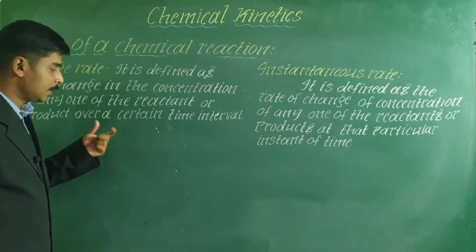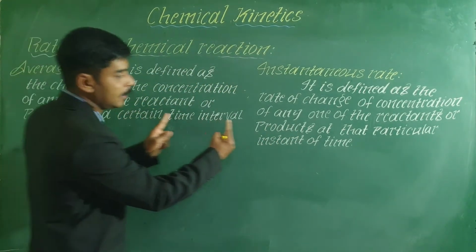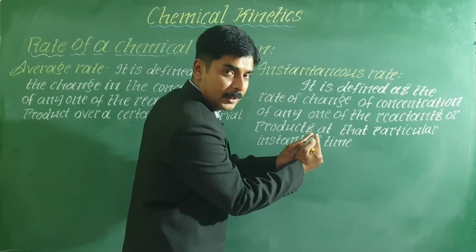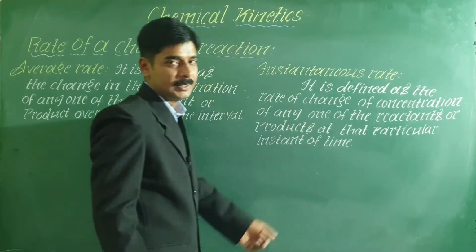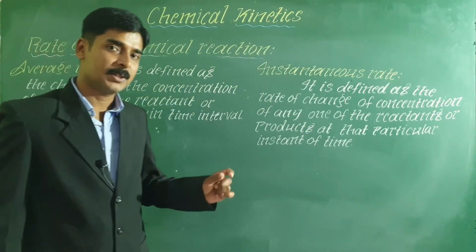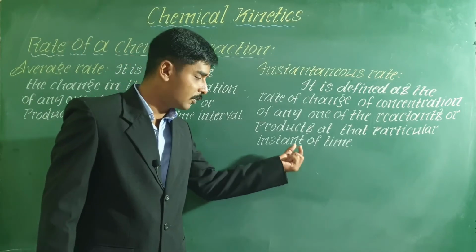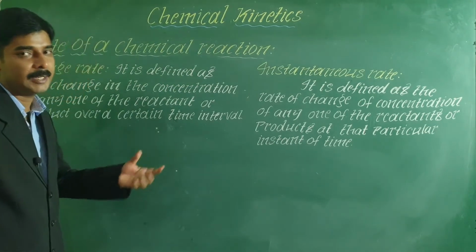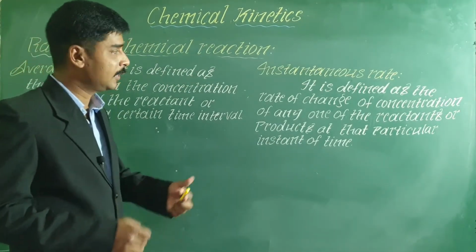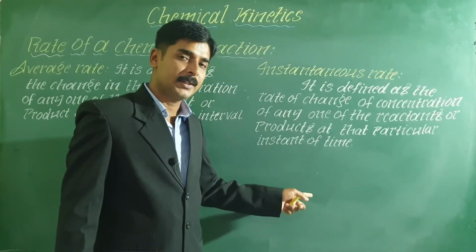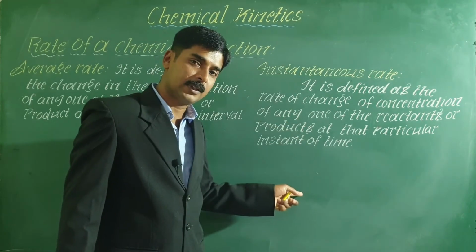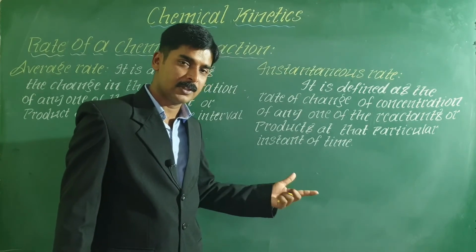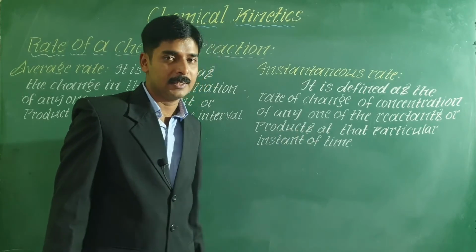See, here it is over a certain time interval, here it is for a very small time interval. So then it will be called instantaneous rate. For a very large time interval, it will be called average rate. So whenever we use the term rate of a reaction, hereafter, we will be talking only about instantaneous rate.